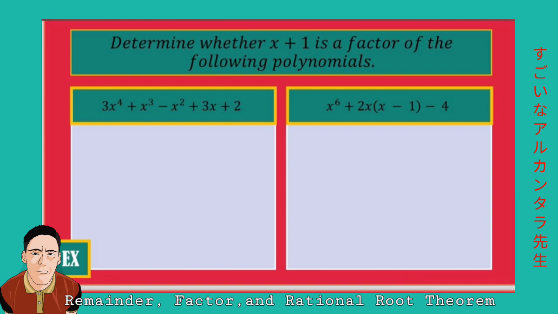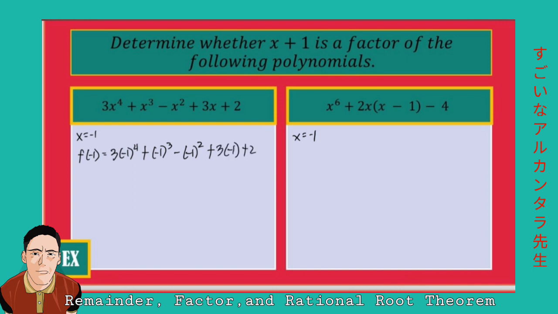I expect that at this point, you know already how to isolate the variable. So we know here that we're going to have x is equal to -1 for both examples. Our goal is to identify which of the following polynomials has x plus 1 as a factor. So we now substitute x is equal to -1. So let's say f of -1 equal to 3 times -1 raised to 4 plus -1 raised to 3 minus -1 raised to 2 plus 3 times -1 plus 2.